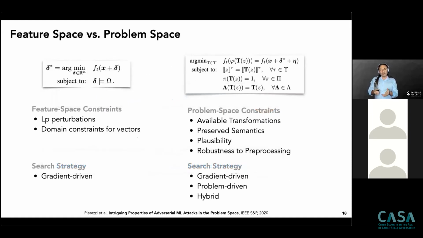As you can see here, on the right-hand side, we have our reformulation of adversarial machine learning attacks in the problem space. The reformulation is shaped from the original formulation of adversarial machine learning attacks in the feature space, but with the addition of all the constraints that we need to consider in the problem space, without necessarily being constrained by finding an optimal minimal perturbation, for the reason that we just mentioned.